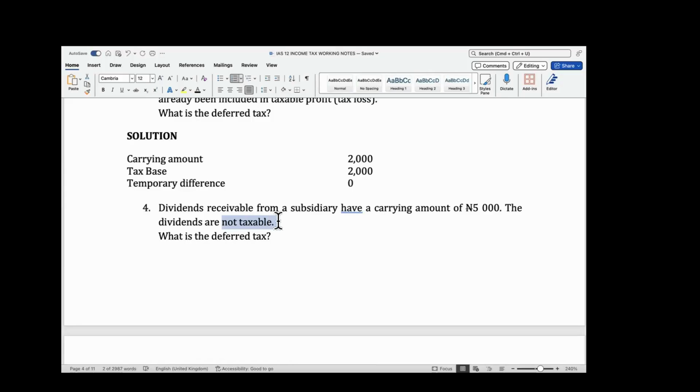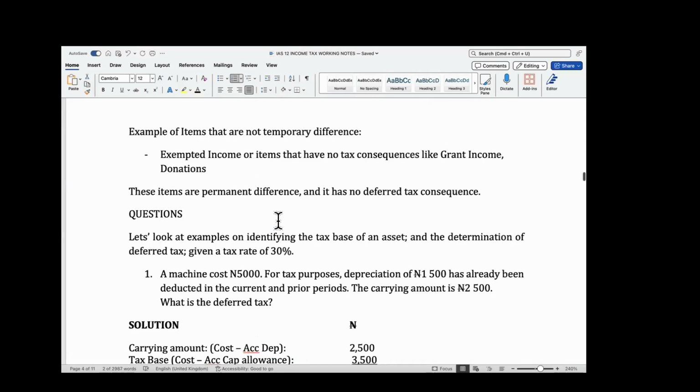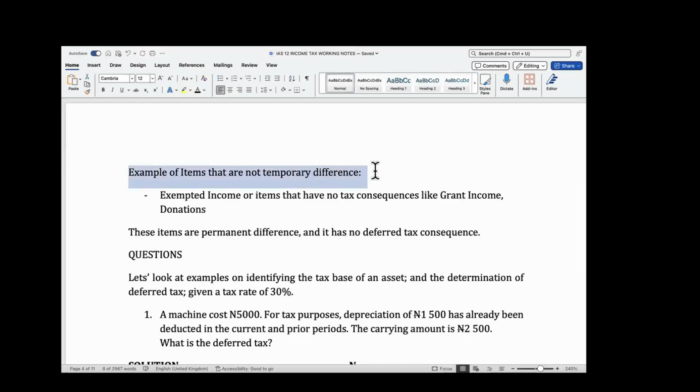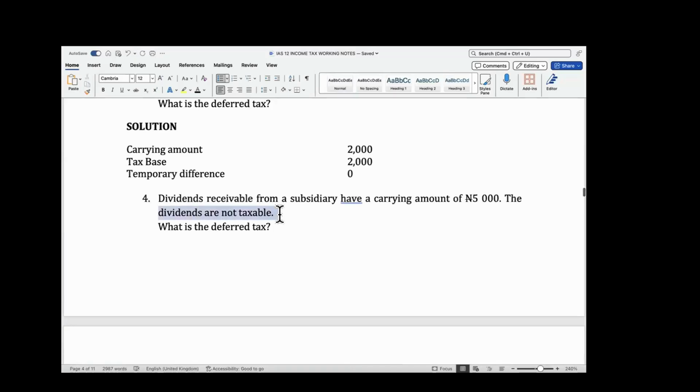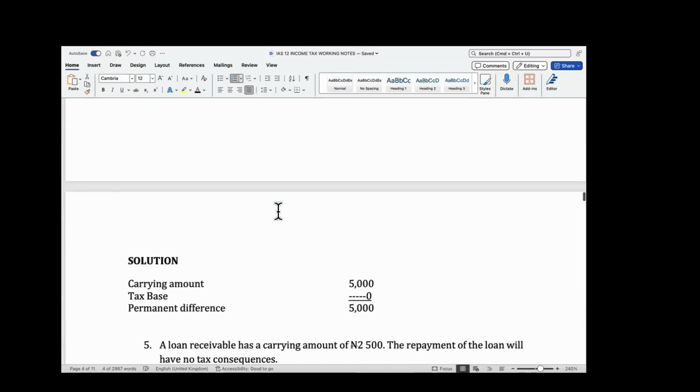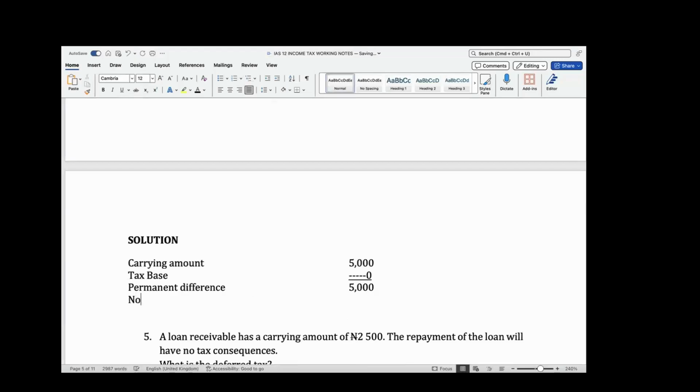But when it becomes something that is exempted from tax, I told you examples of items that are not temporary differences: exempted income or items that have no tax consequences. This is an example. So it's a permanent difference, and there is no deferred tax on permanent difference. Deferred tax really arises on temporary difference. So you need to watch out for that.